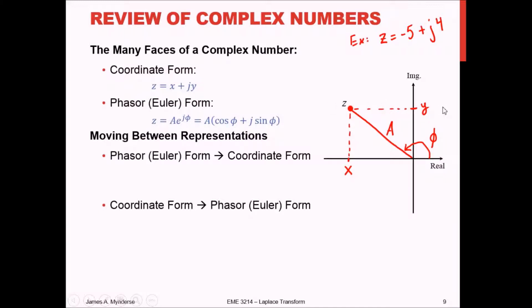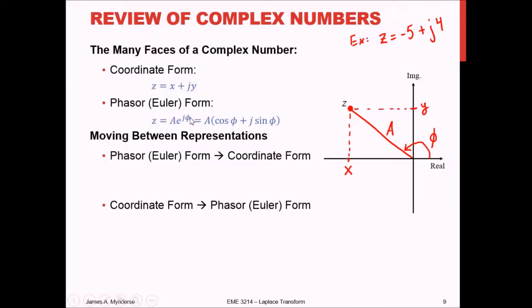Now there is another way to look at this number, and that is in phasor form, or Euler form. We use this: z equals A times e to the j phi. We call this A the magnitude and this phi the phase.